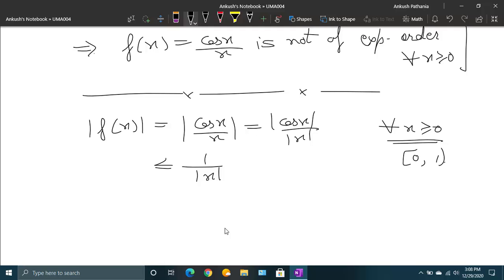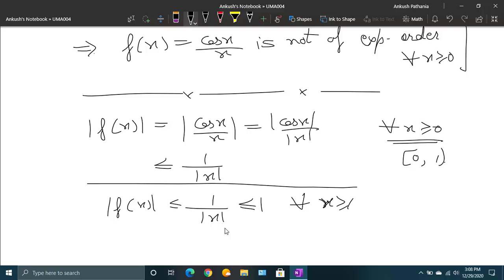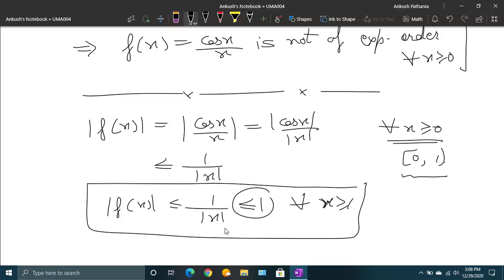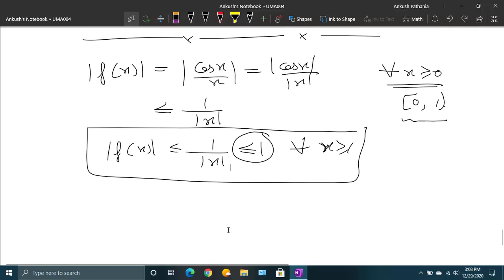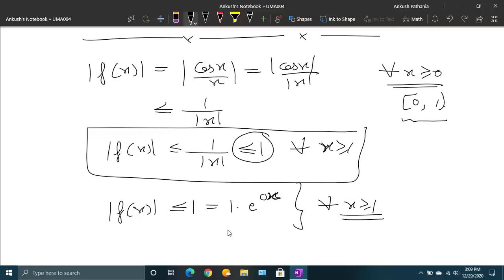So you got mod f(x) less than or equal to 1 upon mod x, and this is always less than or equal to 1 for all x greater than or equal to 1. If I exclude the interval closed 0 to open 1, then I am getting a bounded function, that is mod f(x) is less than or equal to 1 times e raised to power naught x for all x greater than or equal to 1.